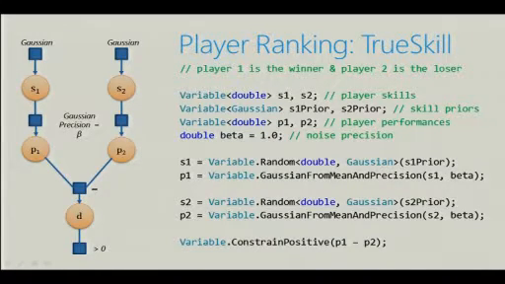You observe the outcome of the game, and then you update the skills, which are now the posteriors, and it goes in a repeating cycle: every time you update the skills, that's now the prior for the next match. And so doing something like TrueSkill is 8 or 10 lines of Infer.NET code.